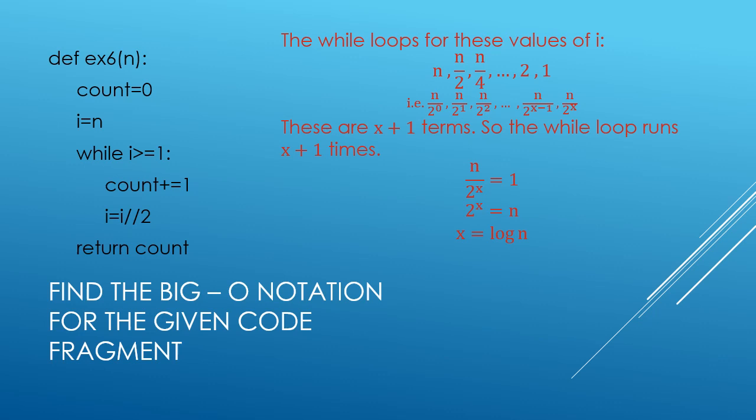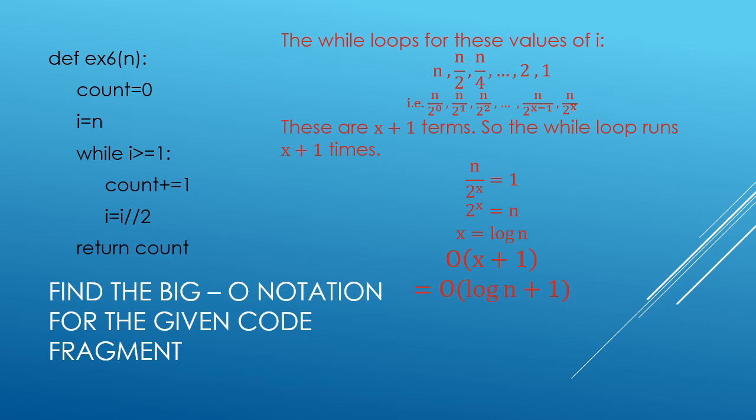How many times does your while loop run? It runs x plus 1 times. And what is the O notation of the body? O(1). So, the O notation of the while is 1 into x plus 1, or O(x+1). But what is x? x is log n.